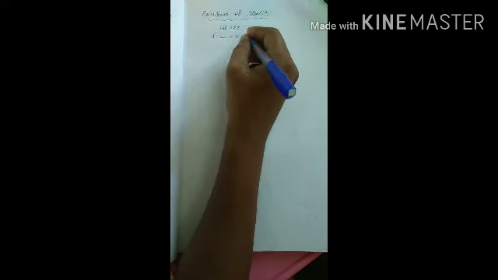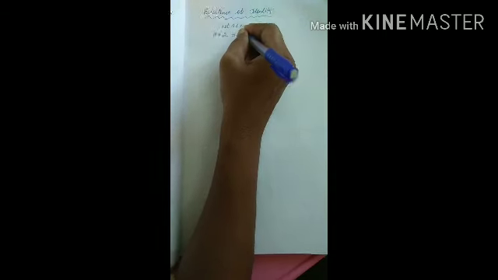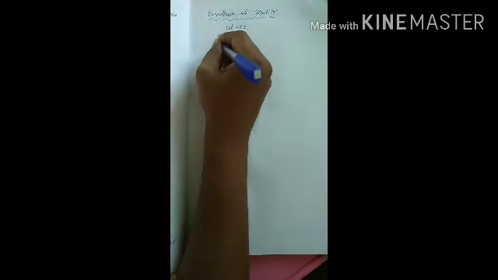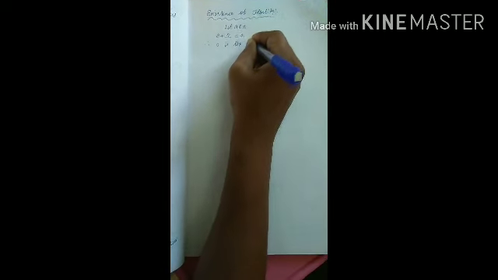Suppose we add 0. A plus 0 equal to A. Therefore, 0 is the additive identity.